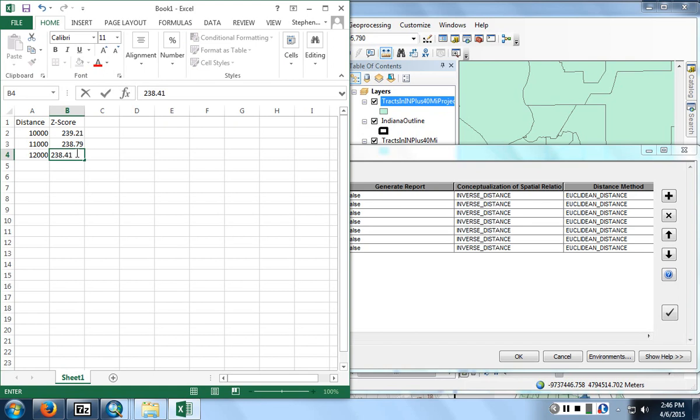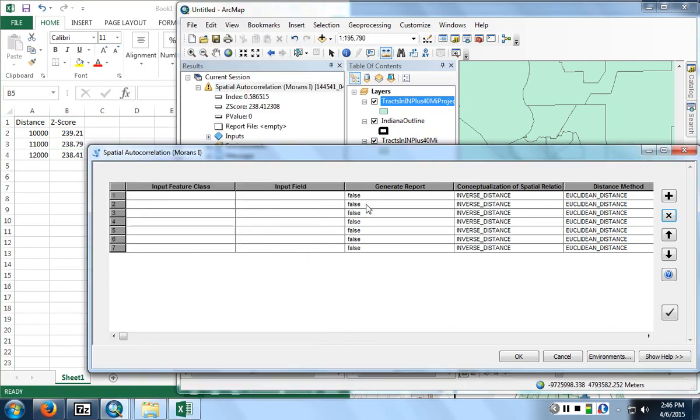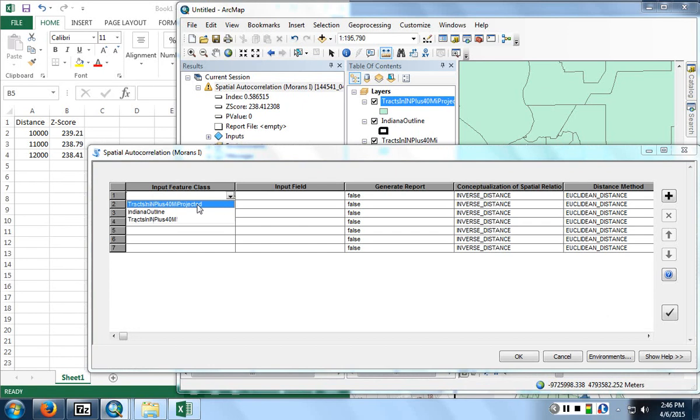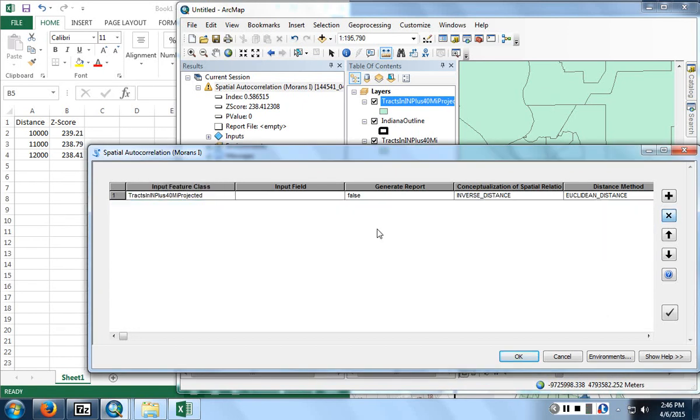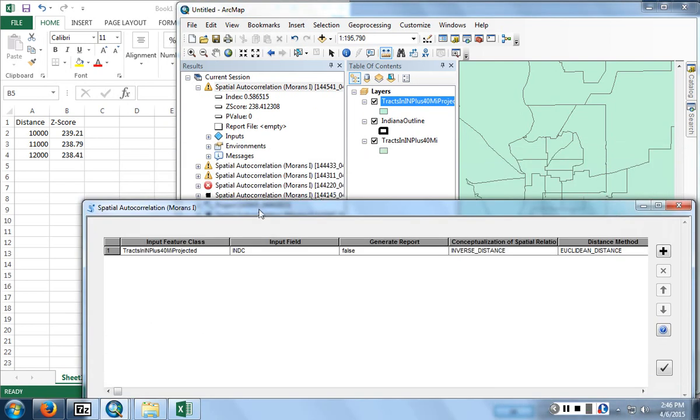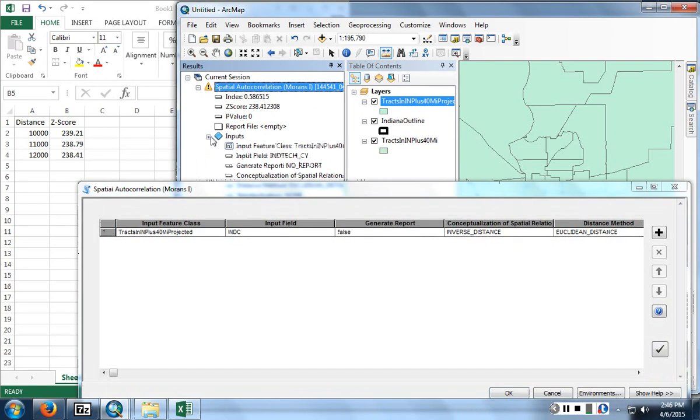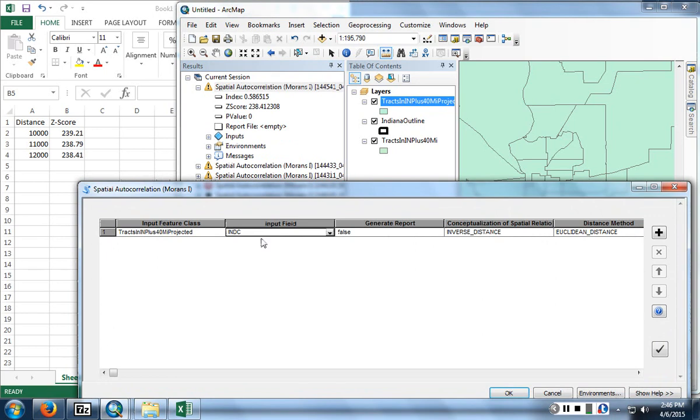So without knowing anything about programming, if I don't want to know anything about programming, I can still do this. Inputs, IND tech underscore CY.